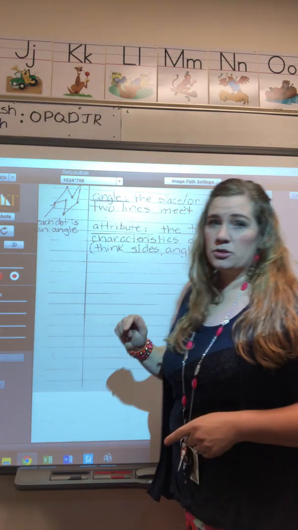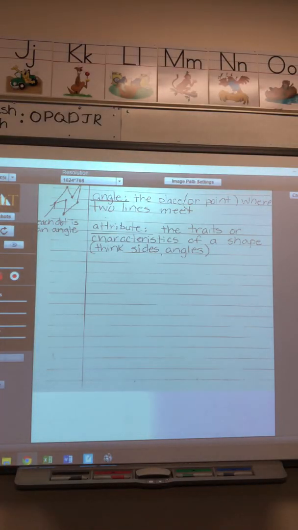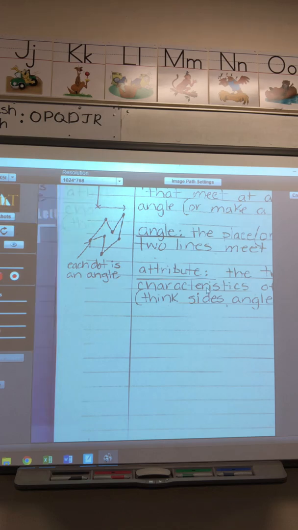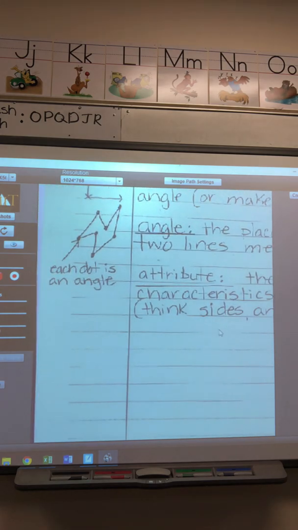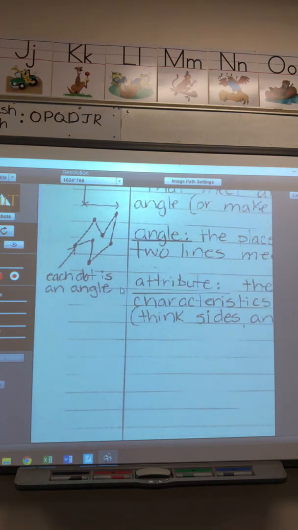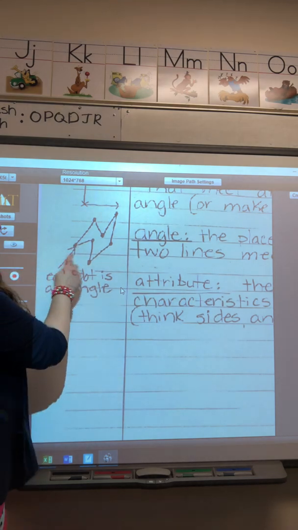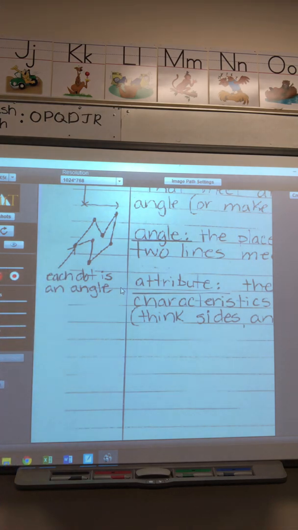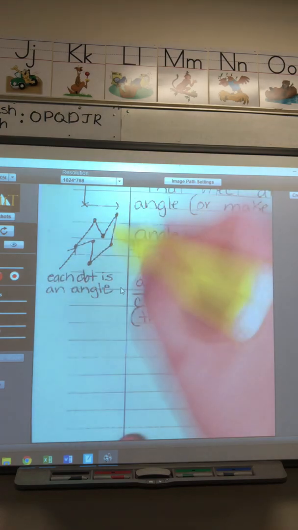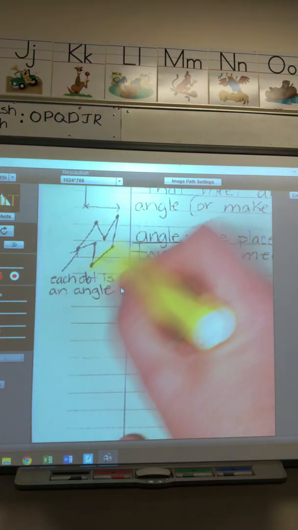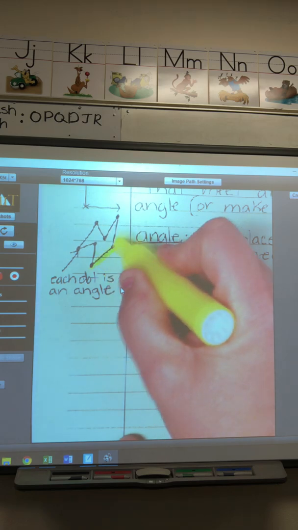If you look at my picture up here, let me make it bigger for you. Okay, right here. An angle is the point where each line meets. So you've got, let me highlight it, guys. We have this side meets that side.